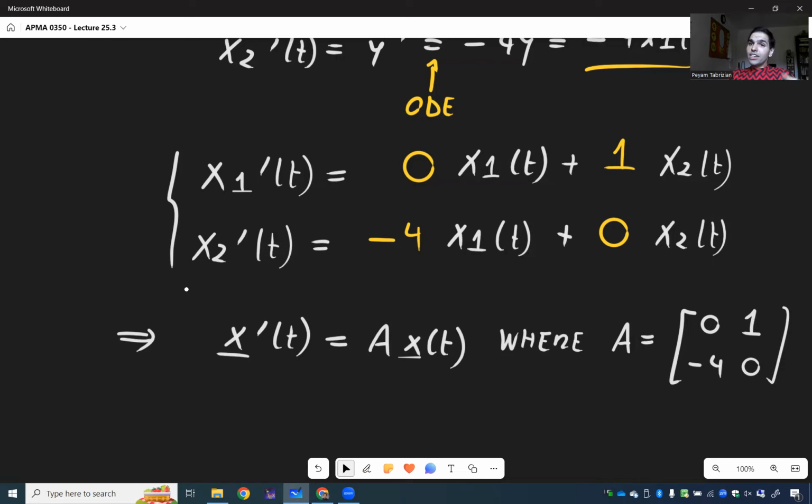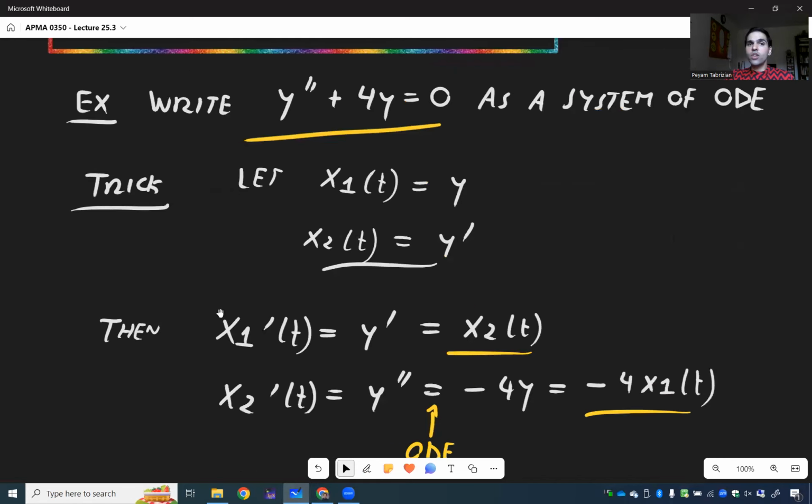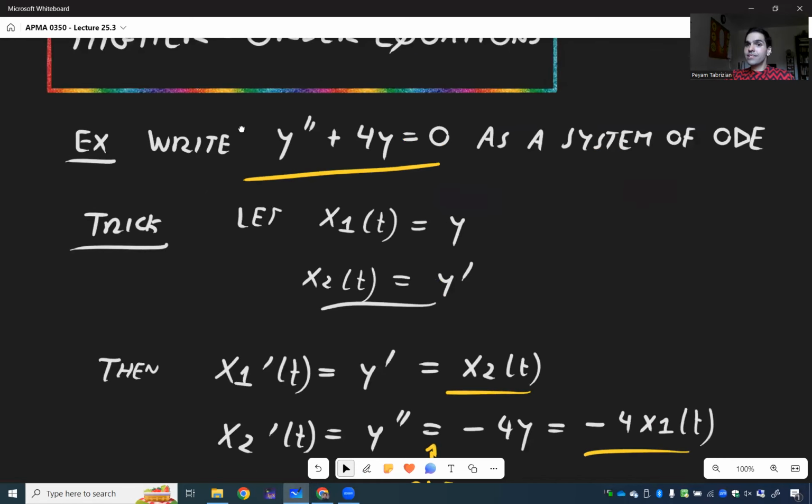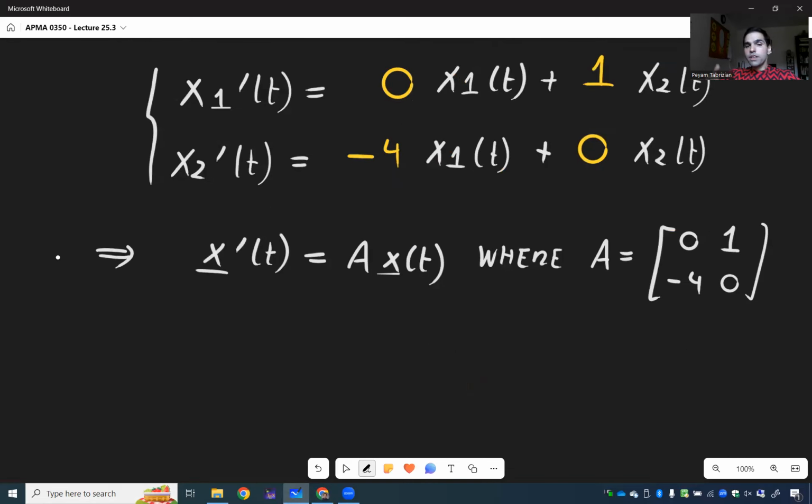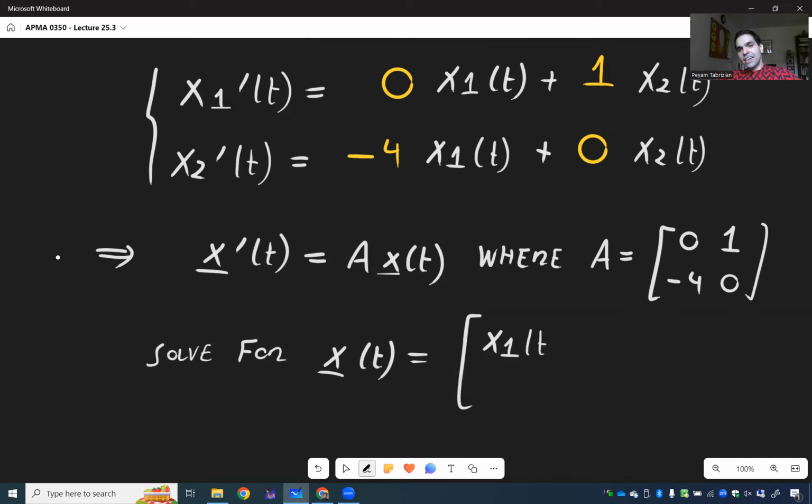And I will actually ask you, I think on some homework assignment, to solve this second order ODE using systems. And the way it works is as follows. You would solve for x of t. You will find some concrete solution x of t, which is x1 and x2.